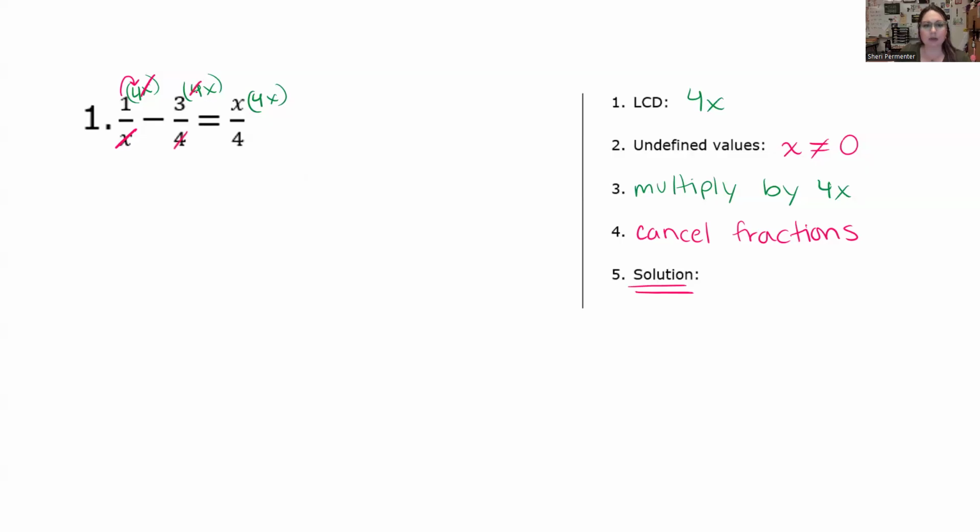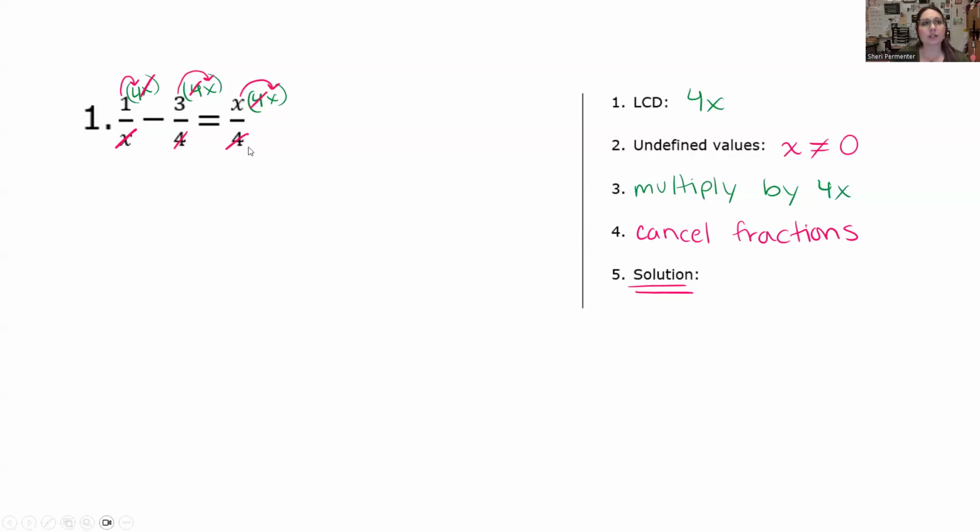But I still have to multiply the 3 times x. Next, I have a 4 on top and a 4 on bottom, so those 4s can cancel, but I still have to multiply x times x. So what ends up happening is I have no more fractions as I go to rewrite. All my fractions just canceled.